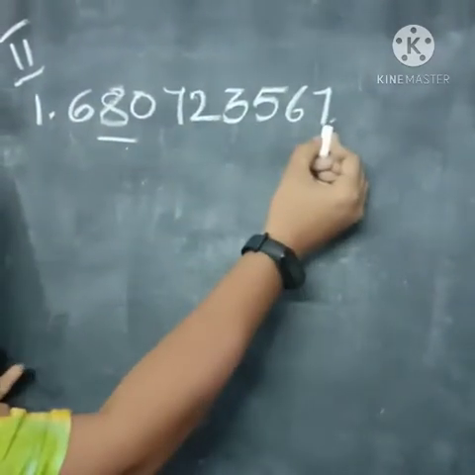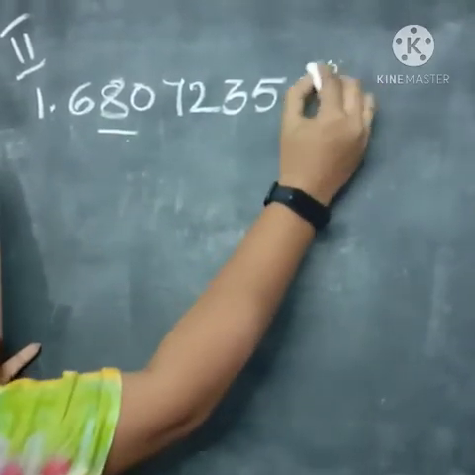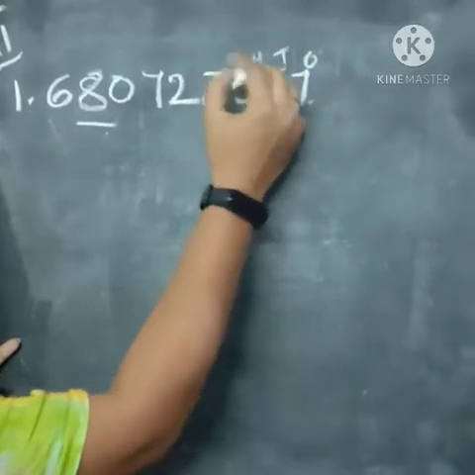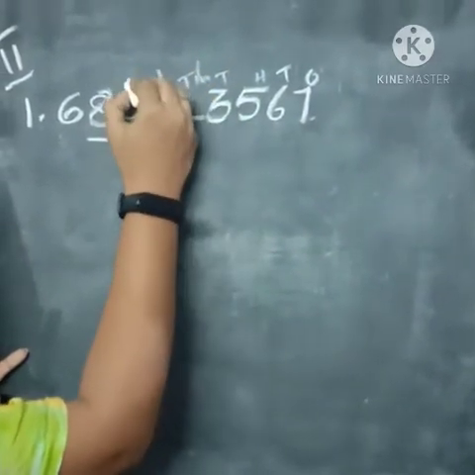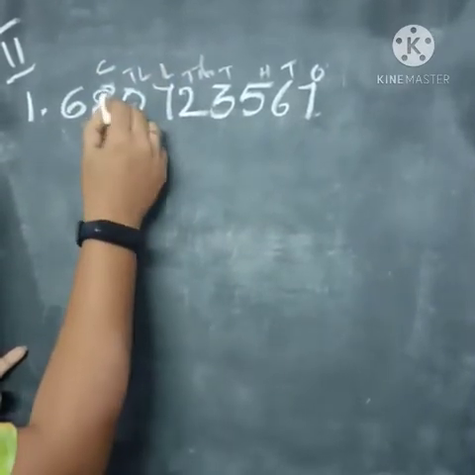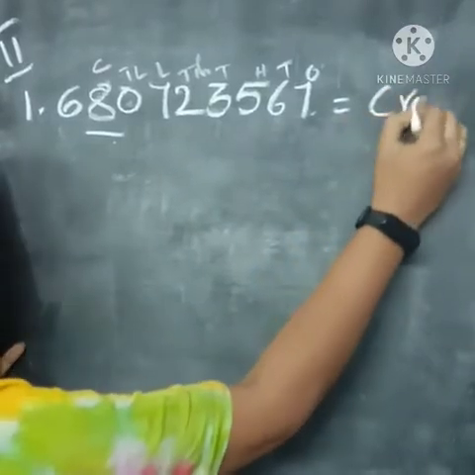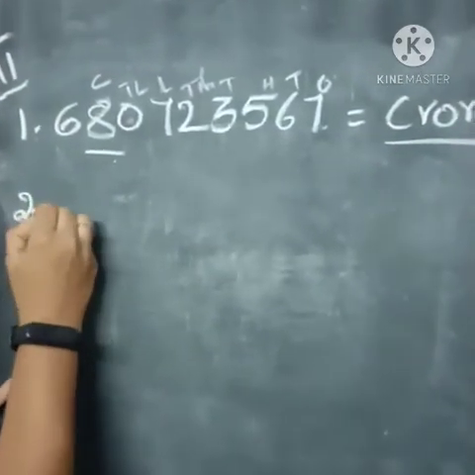Children, tell the value of 8. First we have to count all the place values, no? Ones, tens, hundreds, thousands, 10,000s, lakhs, 10 lakhs, crores. 8 is in which place? 8 is in crores place. Here we have to write the crores. And next you see the second one.